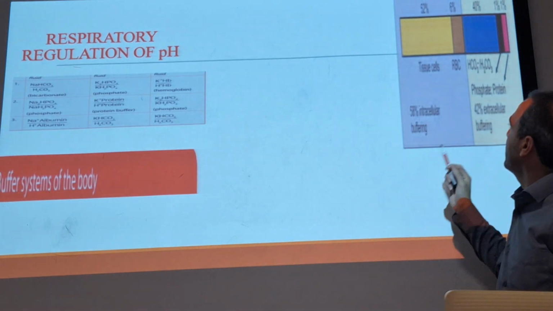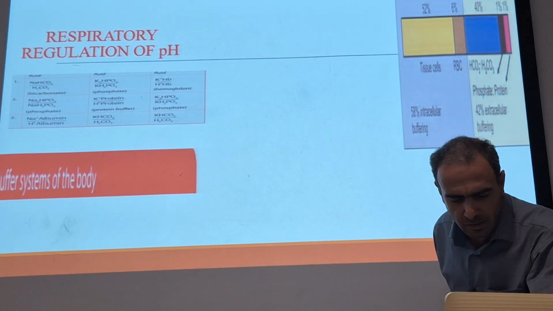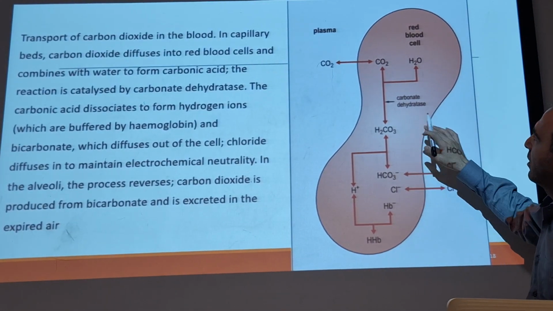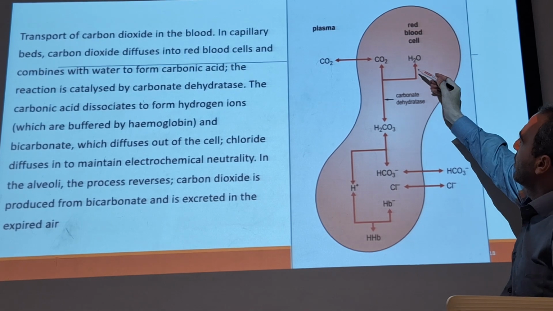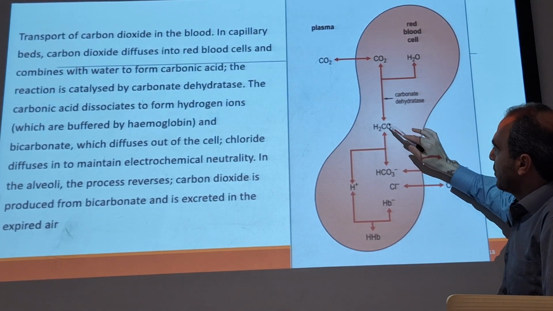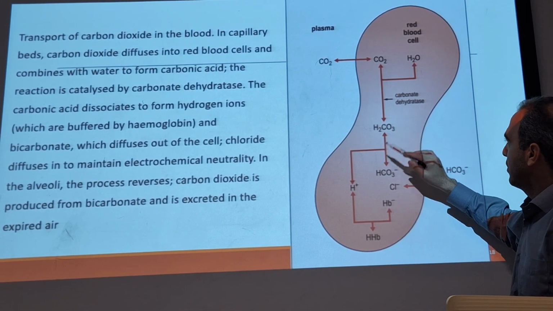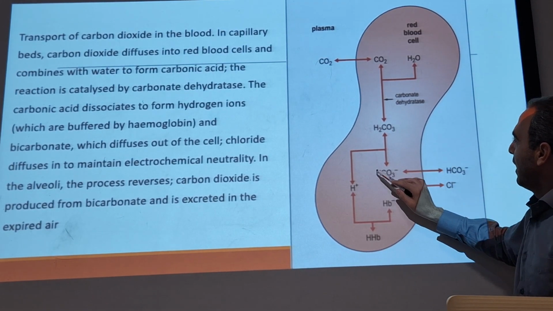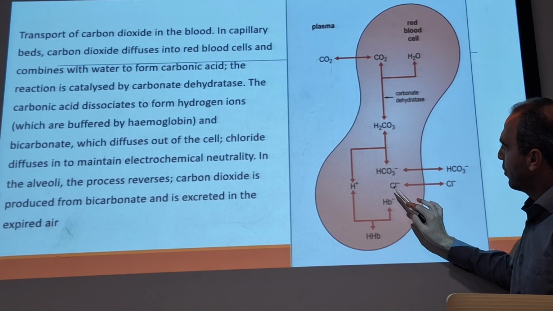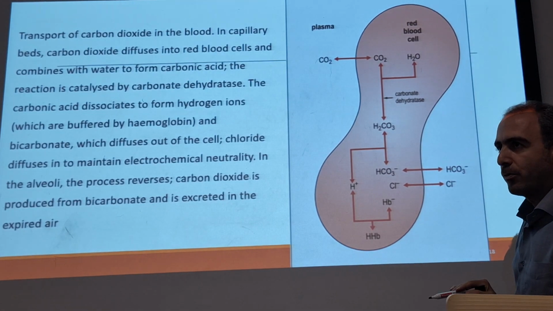Related to the respiratory system, I told you actually, but I don't know what happened here for this figure. Inside the RBC, what's happening? In the red blood cell, CO2 combines with H2O, H2CO3 is produced, and bicarbonate goes outside the red blood cell, chloride comes in, and H plus binds to the hemoglobin.